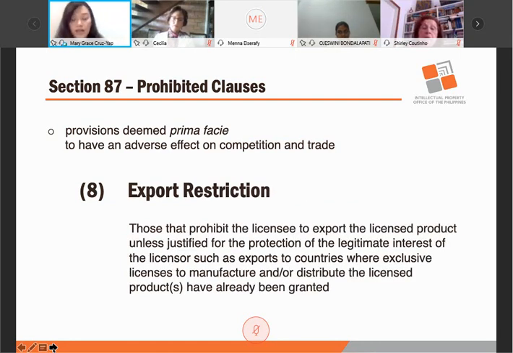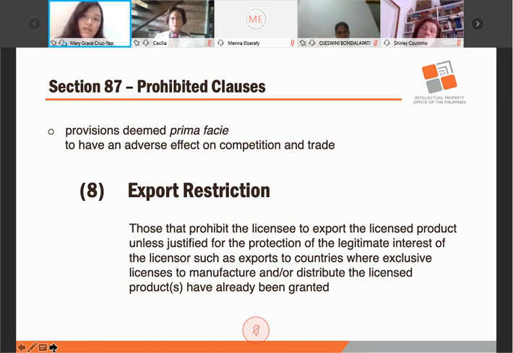Export restriction. In the case of export restriction, what you have to remember is that there is an instance where an export restriction clause may be permitted. That is when it is justified for the protection of the legitimate interests of the licensor, such as exports to countries where exclusive licenses to manufacture and/or distribute have already been granted.